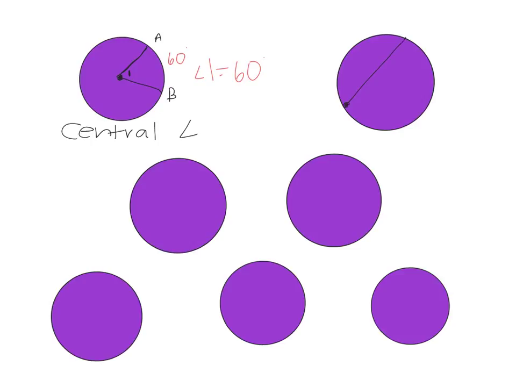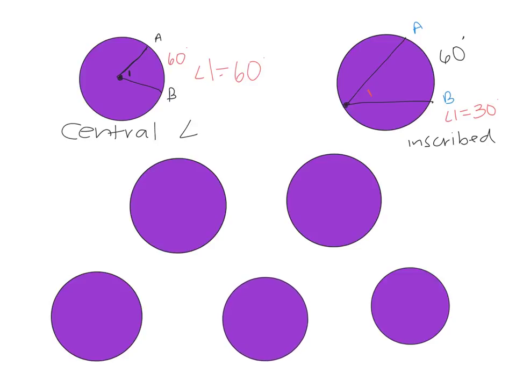Then we talked about inscribed angles. And this time, what's true about the measure of that angle? It's half the arc. Good. So if the arc was 60, then angle 1 would equal 30. And vice versa. If I have the angle, I double it to get to the arc. Good so far?